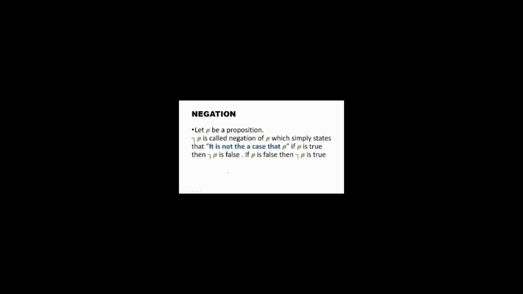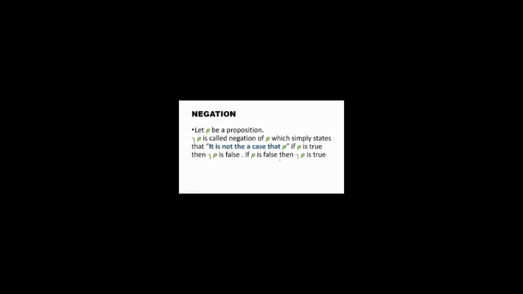Next is negation. Let P be a proposition. Not P is called the negation of P, which simply states that it is not the case that P. So this is the simple way to represent the negation, not P, and it simply means it is not the case that P. If P is true, then not P is false.